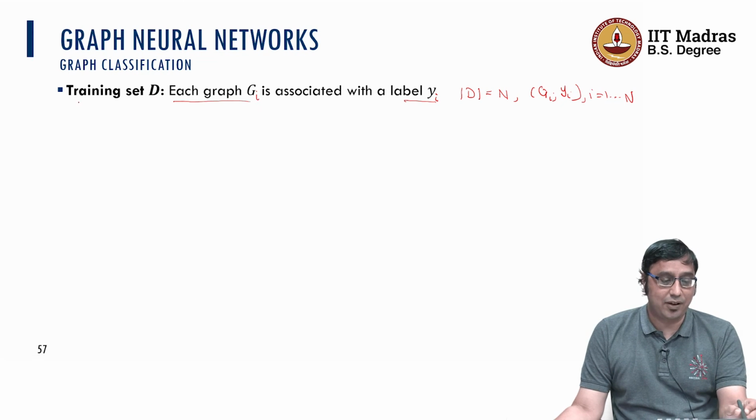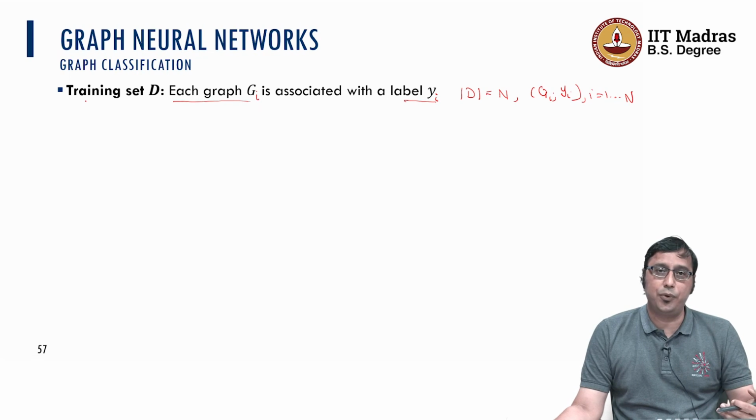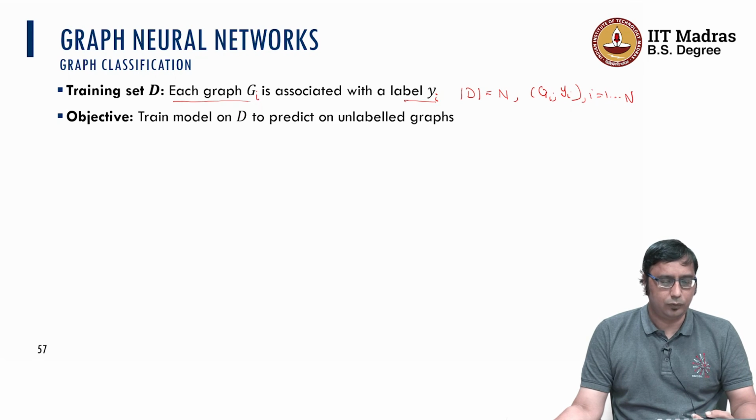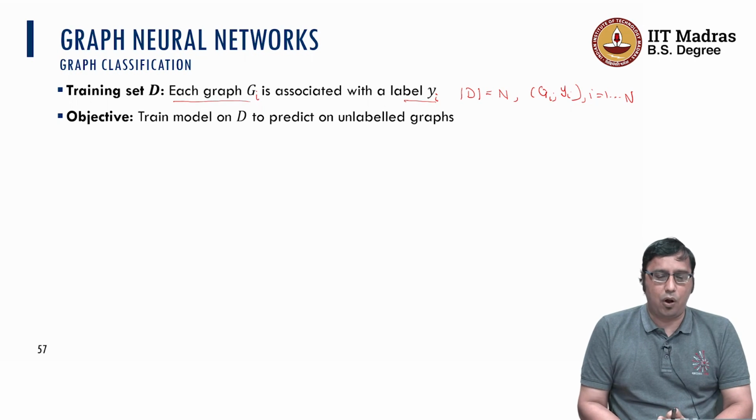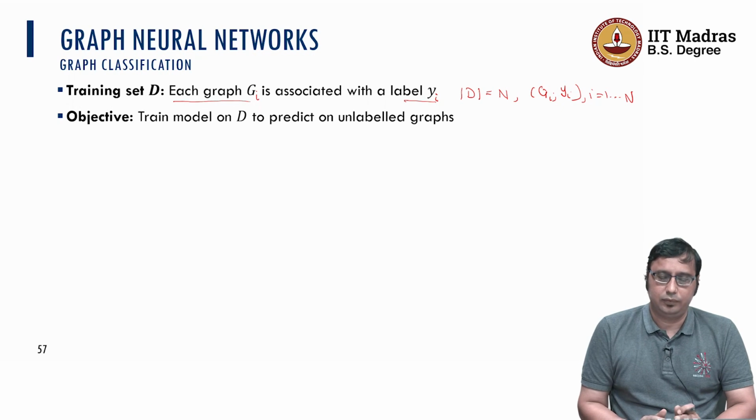We have several molecules for which we have labeled data, and in the future, when I have a new molecule, I want to predict the particular property of interest given its graph. So the objective here is to train a model on D to predict unlabeled graphs which will emerge in the future.